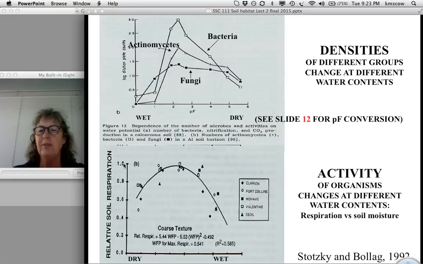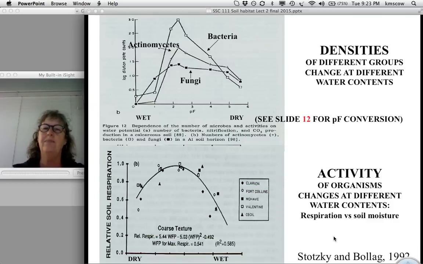This is like 100% respiration, and this is a bunch of different soils, but all showing the same general pattern as you move from, in this case, a dry soil to a wet soil. You see lower rates when it's very dry, then it reaches some maximum, and then it's going to fall off again when it gets wet.